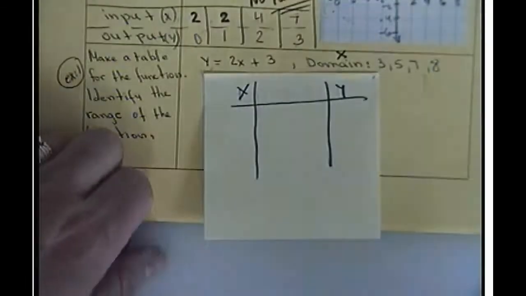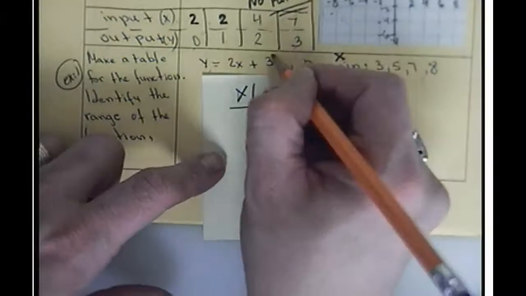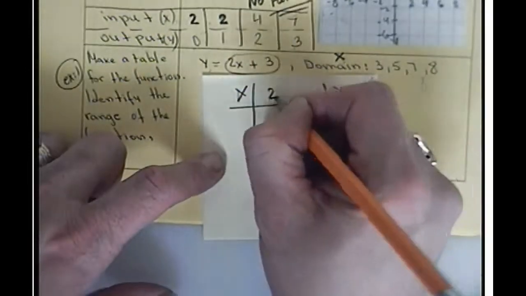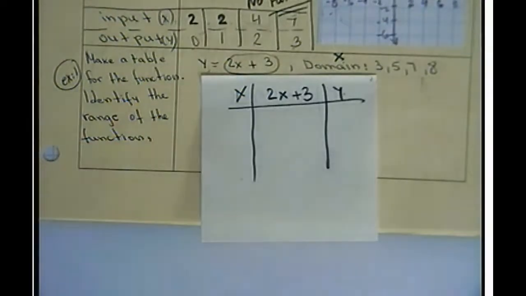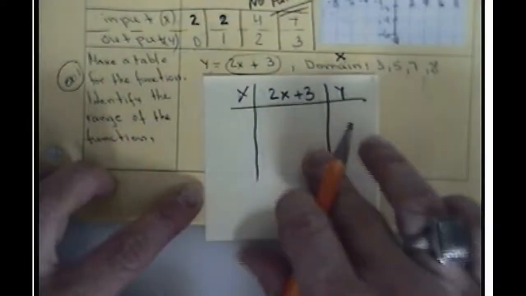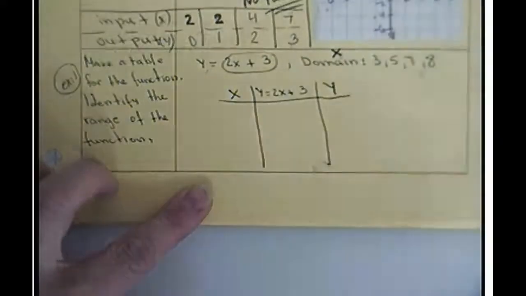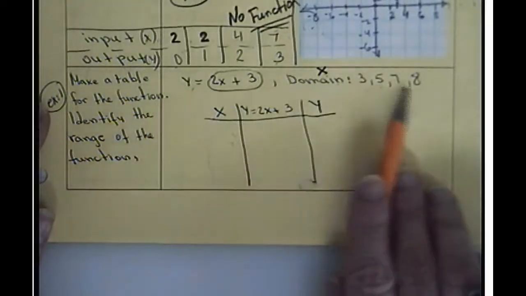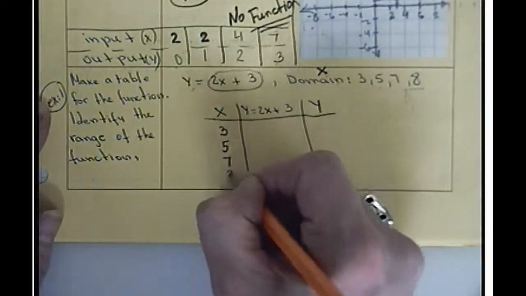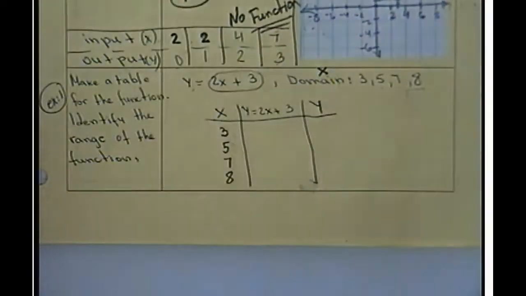In order to calculate this, I need the function 2x plus 3 in the middle, and that will help me to get everything I need. So once you set up your table, now let's go ahead and fill out the missing parts. It's given for us that the domain x has those numbers. So we have 3, 5, 7, and 8. Those are given for us, so we don't need to come up with random numbers.